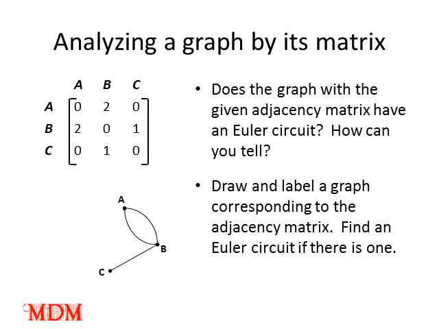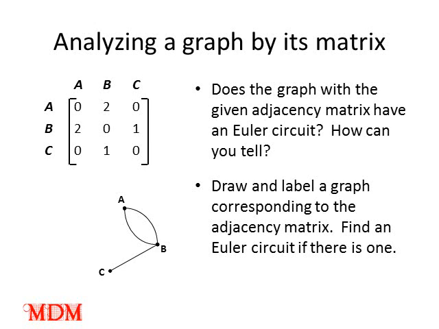And as a double check, look at row C. C and A are not connected. C and B are connected in 1 way. And of course, C is not connected to itself. So this is one representation for the graph given this adjacency matrix.